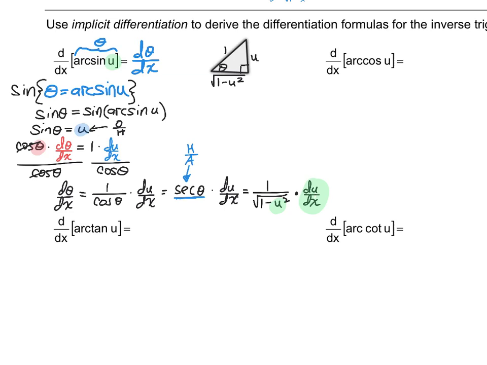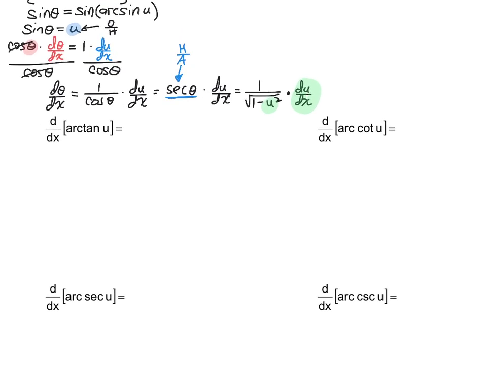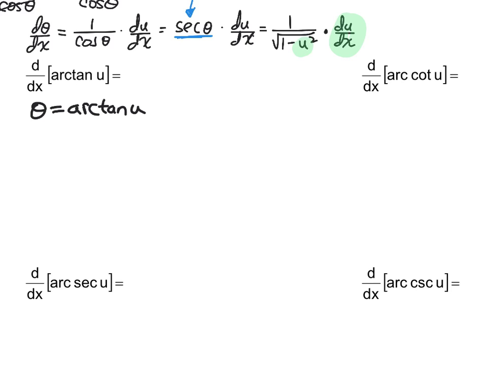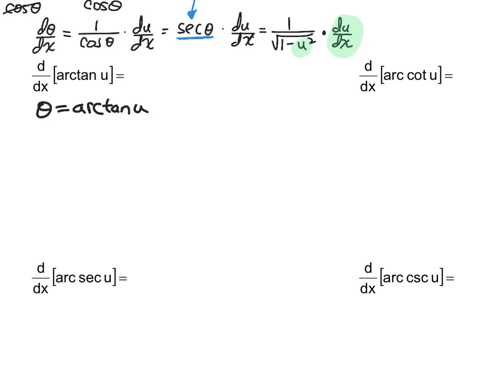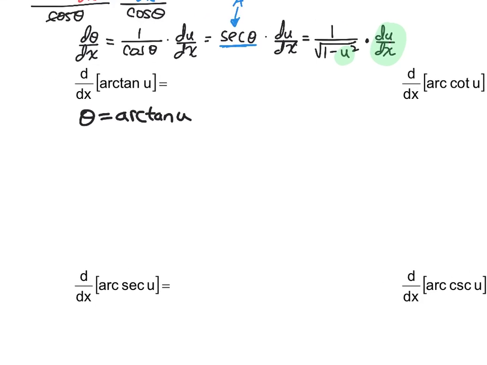the tangent. We have theta is equal to the arctan of u. Now again, we don't know what the derivative of arctangent of u is, but we do know what the derivative of tangent of u is. So we make that adjustment. We take the tangent of both sides.